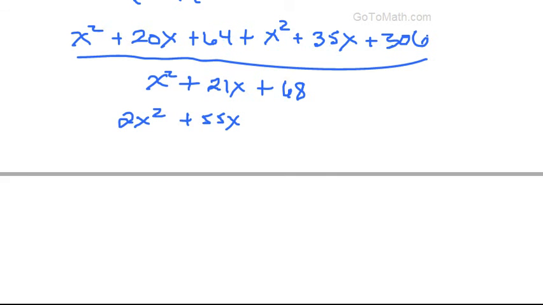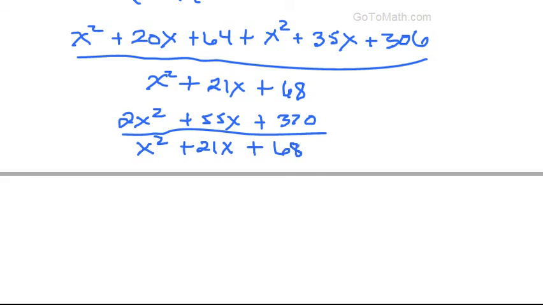And we have a 64 and a 306, plus 370. And that's all over x squared plus 21x plus 68.